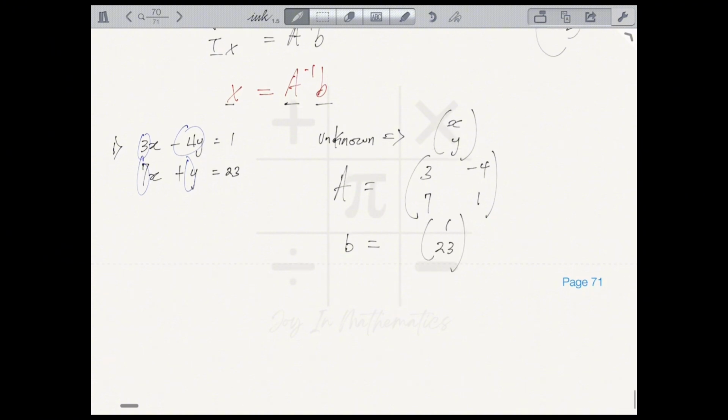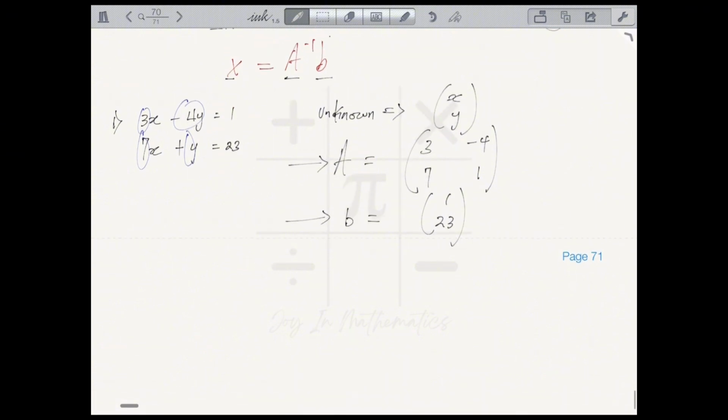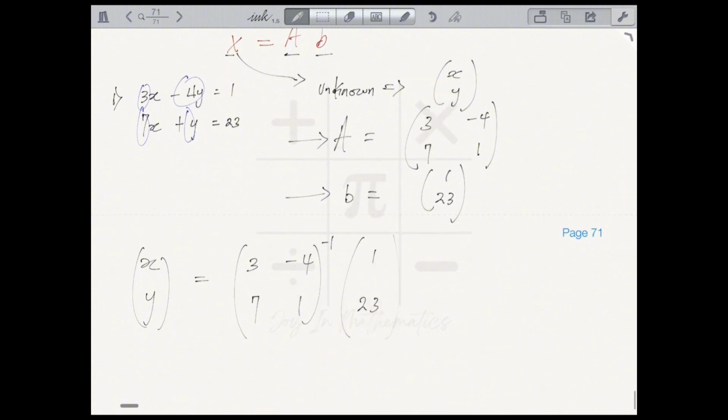So we have the unknown, we know A, and we know the set of constants. According to what we have here, the unknown x, y is equal to the inverse of 3, -4, 7, 1. We take the inverse of this and then multiply it by the constants 1, 23.